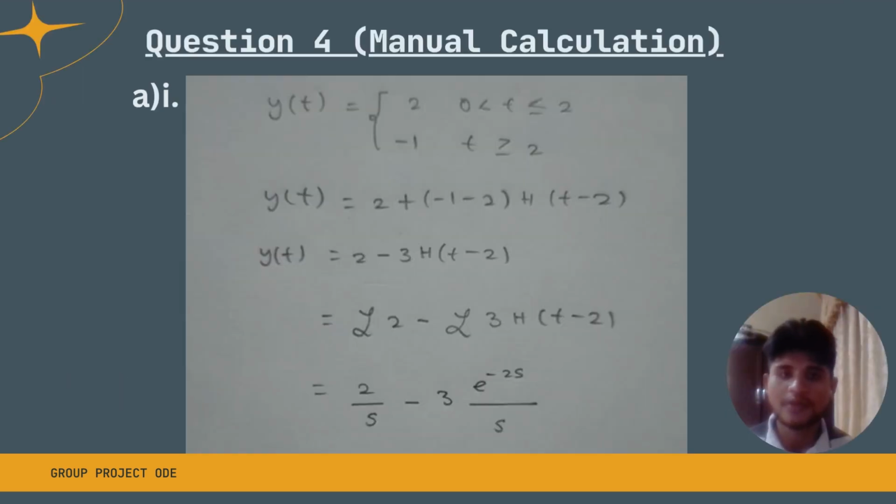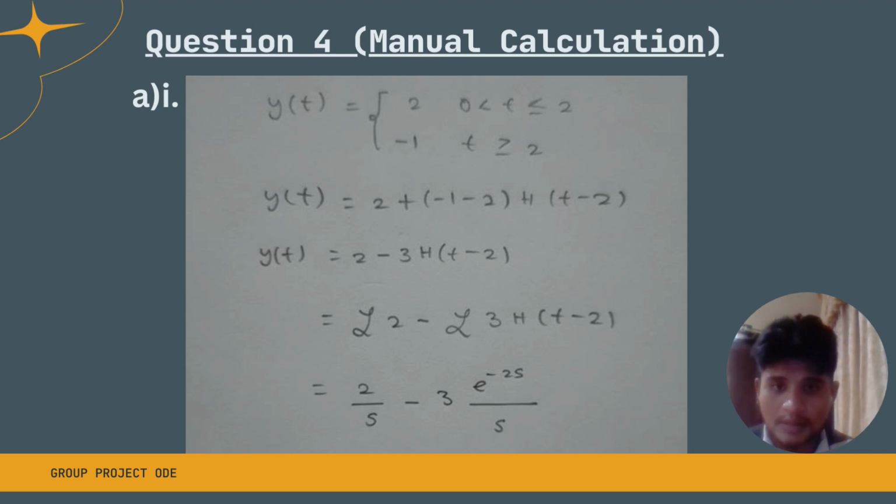Okay, let's go to manual calculation about Laplace. Given y(t) equals 2 for 0 < t < 2 and negative 1 for t > 2. For the Laplace transform, y(t) equals 2 plus (negative 3)h(t minus 2).